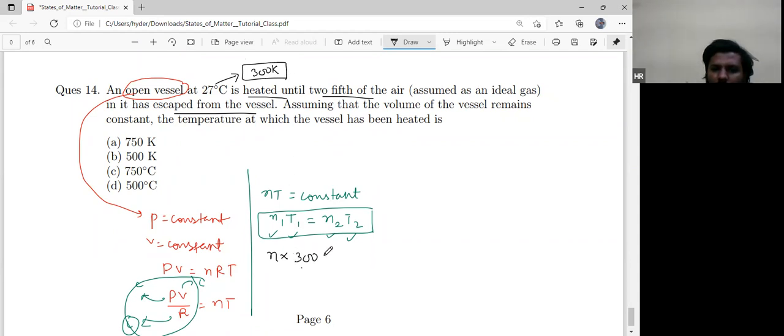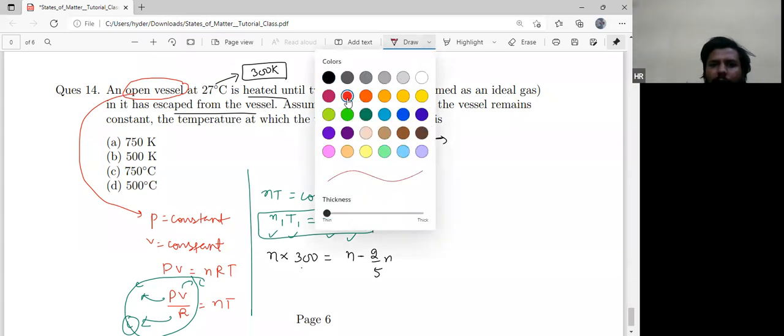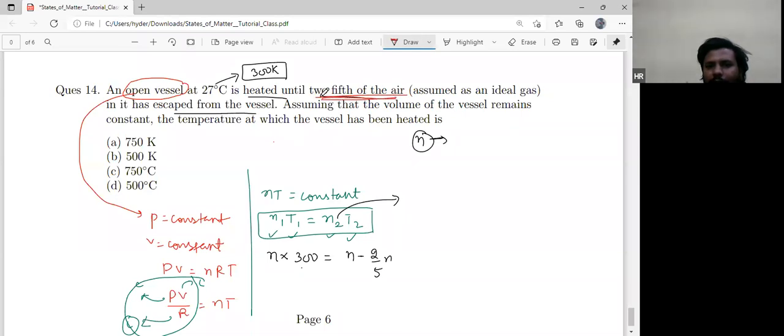So n into 300. Now according to the question, the final moles will be n minus 2/5 of the initial mole, which has escaped. Just read it: 2/5 of the air, that means 2/5 of the moles of the air has escaped. That means n minus 2/5 of n, and it comes out to be 3n by 5.